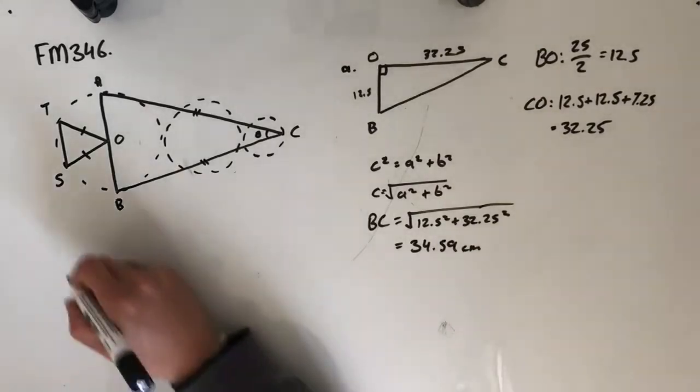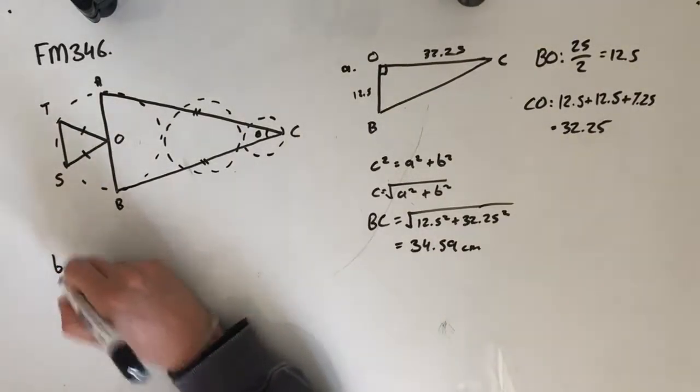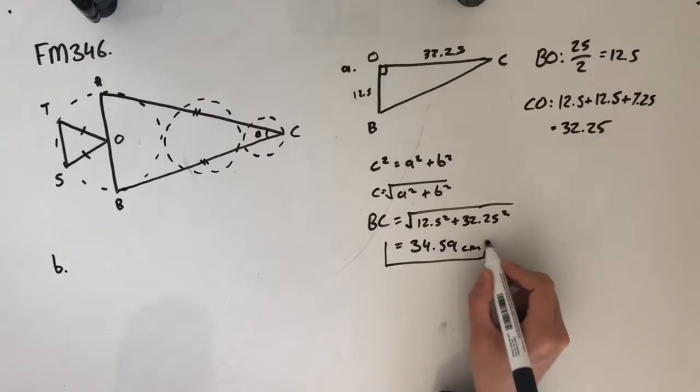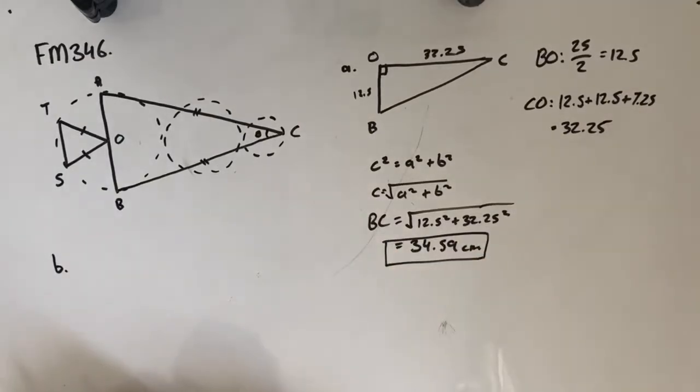Awesome. On to part B. Question B says, use the cosine rule to show that the angle theta, correct to one decimal place, is equal to 42.4 degrees.